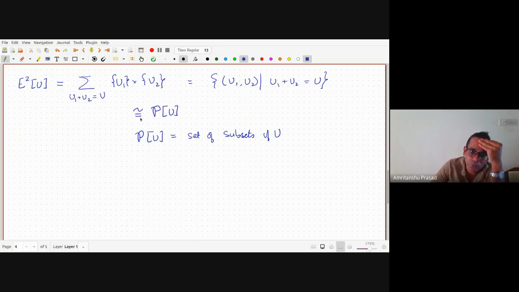So this E2 of U is the species P of U. And so that's maybe one more simple example. Is this example clear?